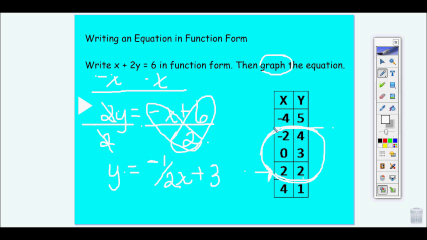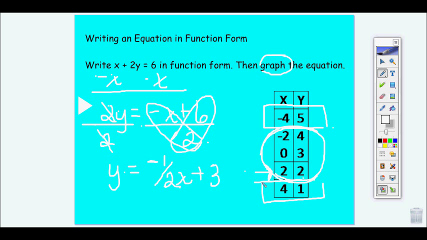Now they've also given you 2 other inputs, -4 and 4, again because that will get rid of our fraction coefficient. So if I put a -4 in there, -1/2 times a -4 gives me a +2. 2 plus 3 gives me 5. -1/2 times a +4 gives me a -2.